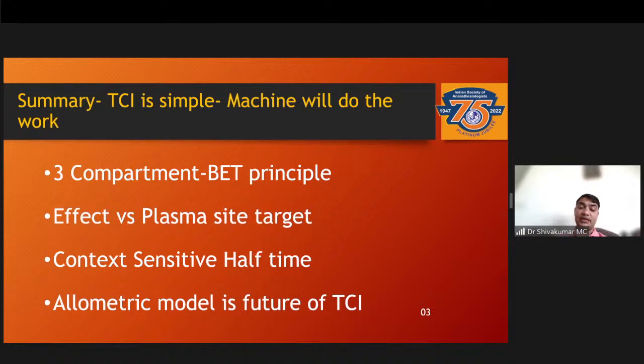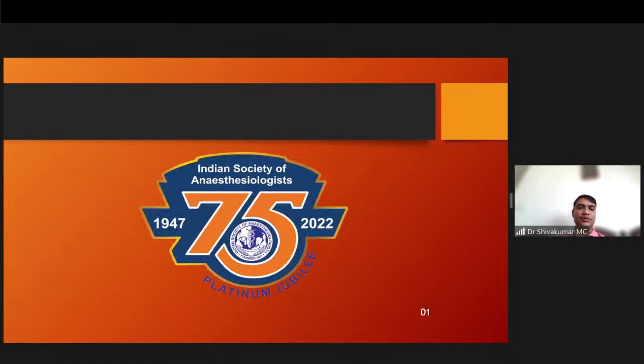We should understand the context sensitive half-time, and choose drugs which have a lower context sensitive half-time. The allometric model is a feature of target controlled infusion which considers many parameters; apart from age and weight, it considers other parameters also.